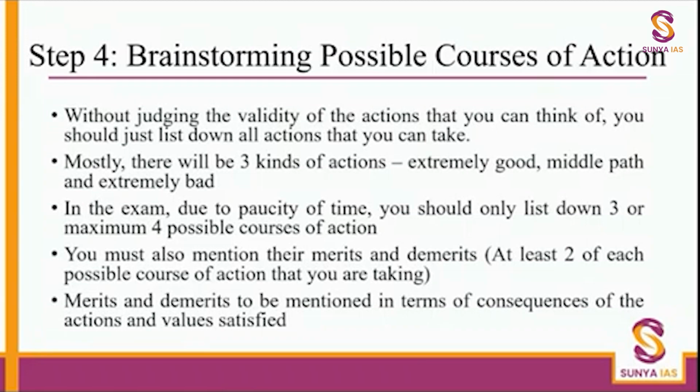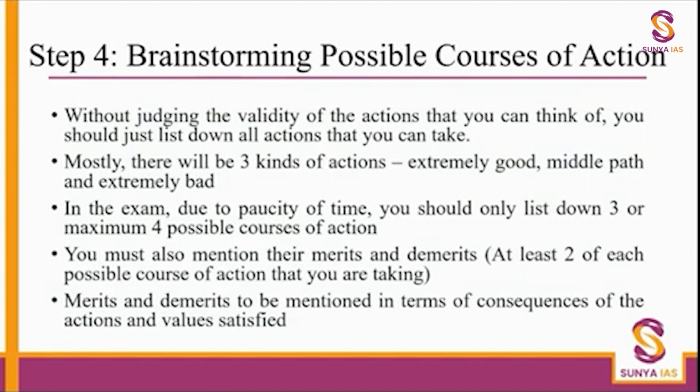So they can be extremist also. Here there will be three kinds of actions: extremely good, which is going to be the idealistic action; the middle path, which is going to be the rational or neutral action; and extremely bad, which is going to be the notorious thing to do, right? So in the exam, due to scarcity of time, you should list down only three or maximum four possible courses of action.